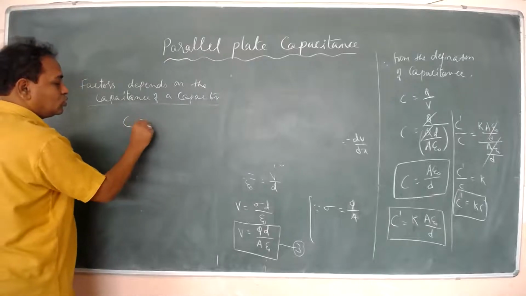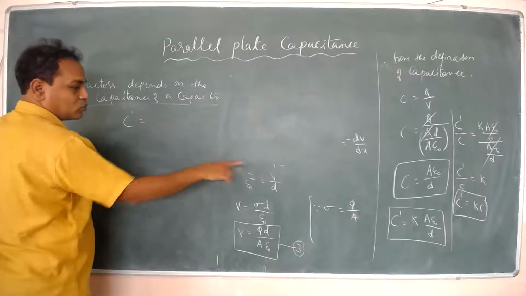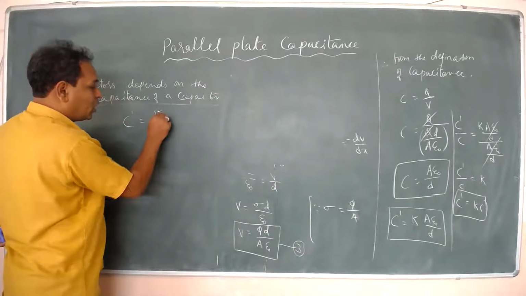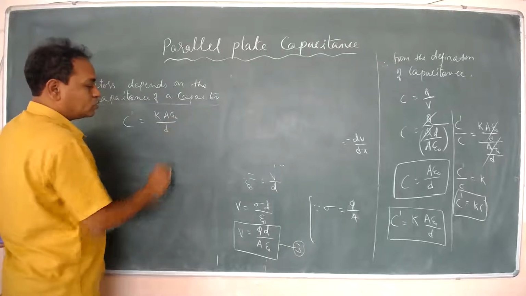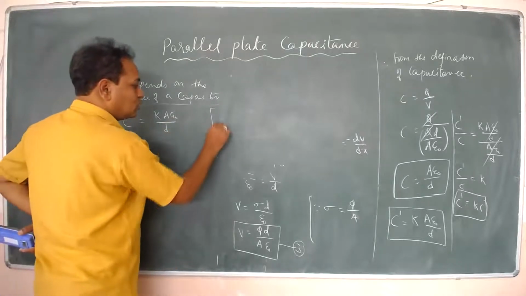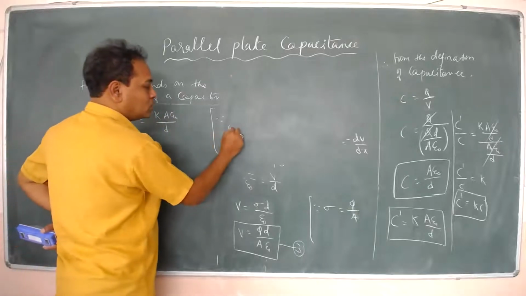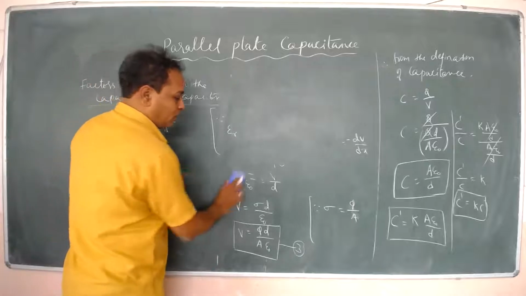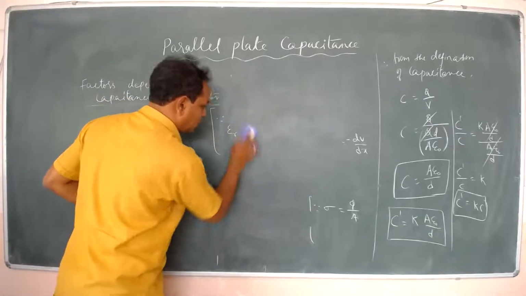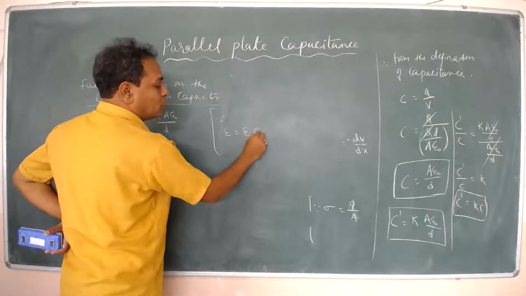The general formula: what we got there is C dash. Suppose in a medium, if you take K into A epsilon naught by D, this is what we are getting. We can also write these two collectively in terms of relative permittivity, or we can write epsilon is equal to epsilon R into epsilon naught.